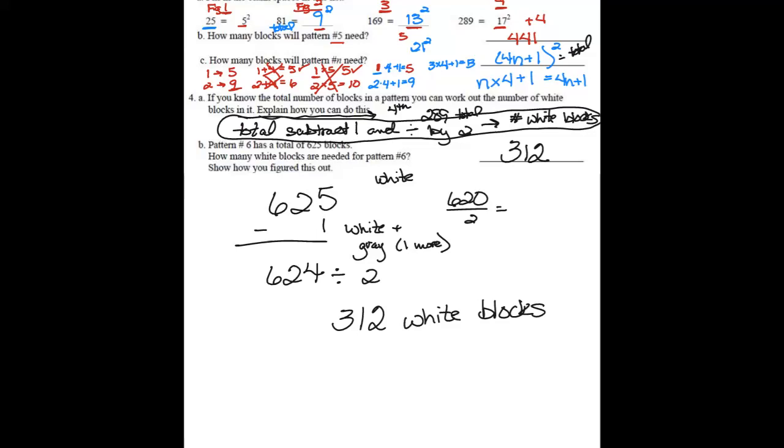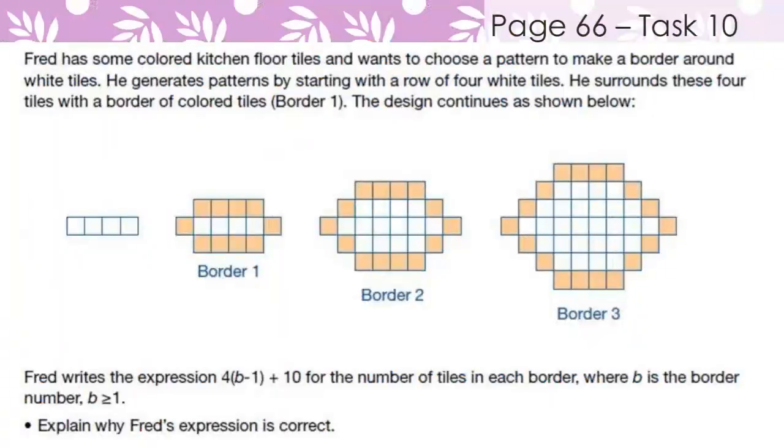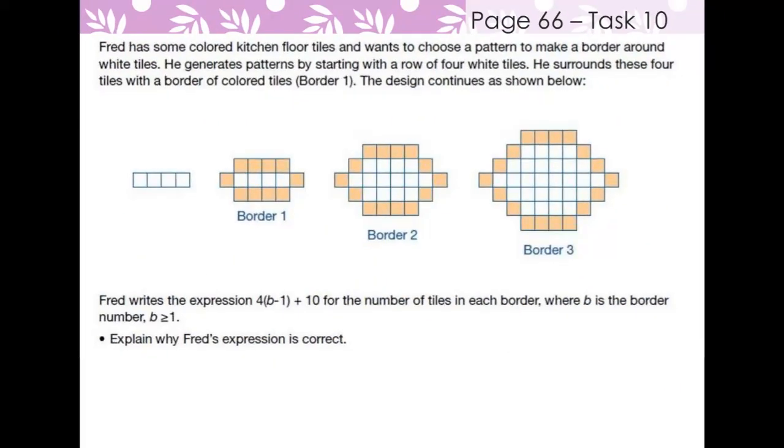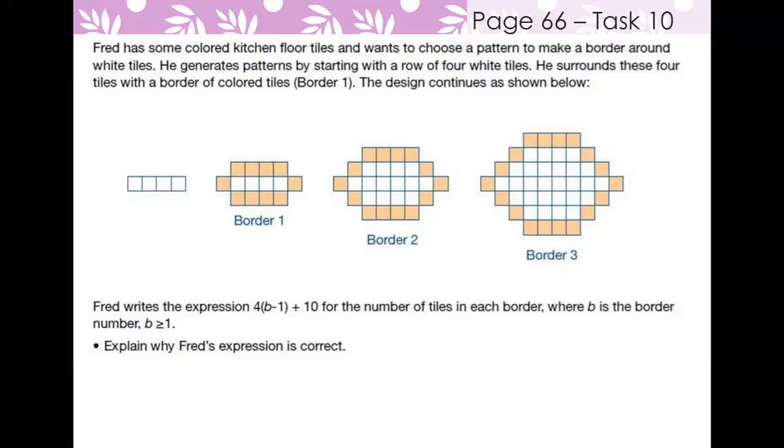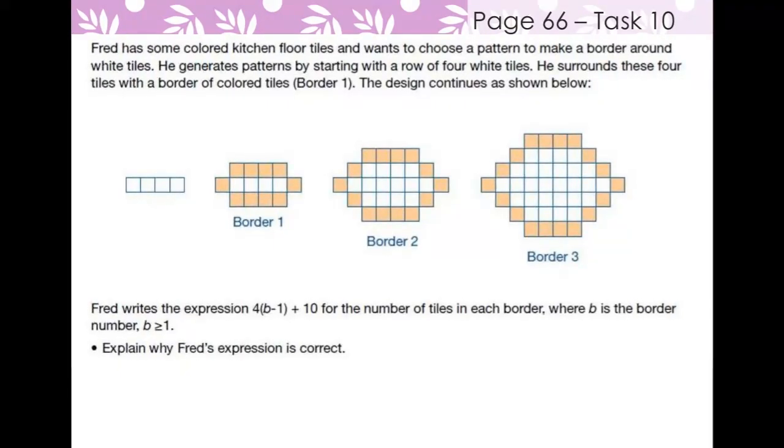All right, now turn to page 66. Page 66. Fred has some colored kitchen floor tiles. He wants to choose a pattern to make a border around the white tiles.